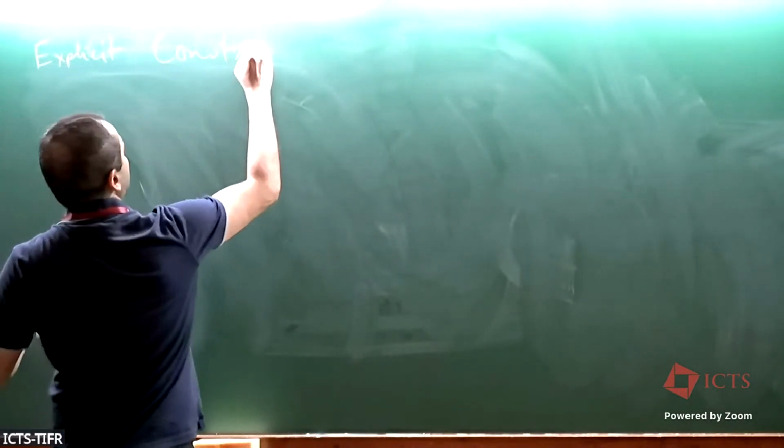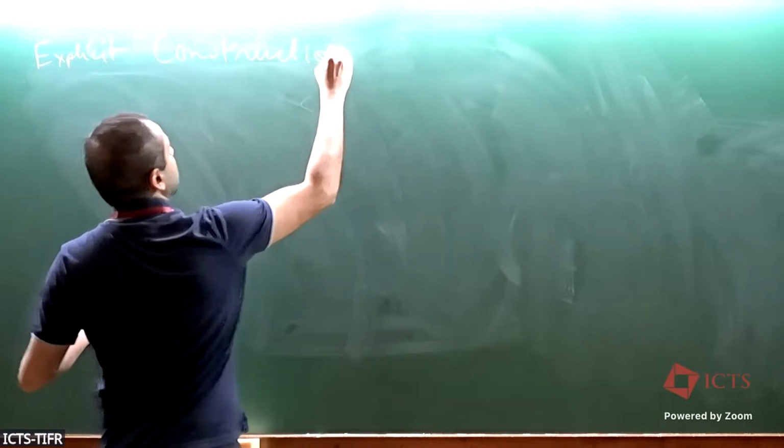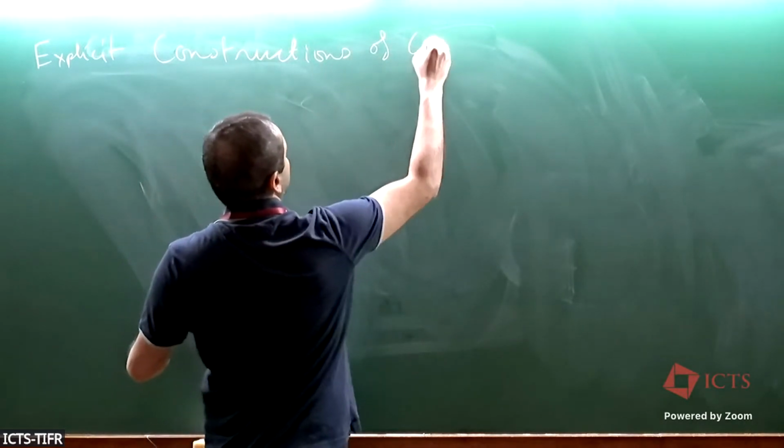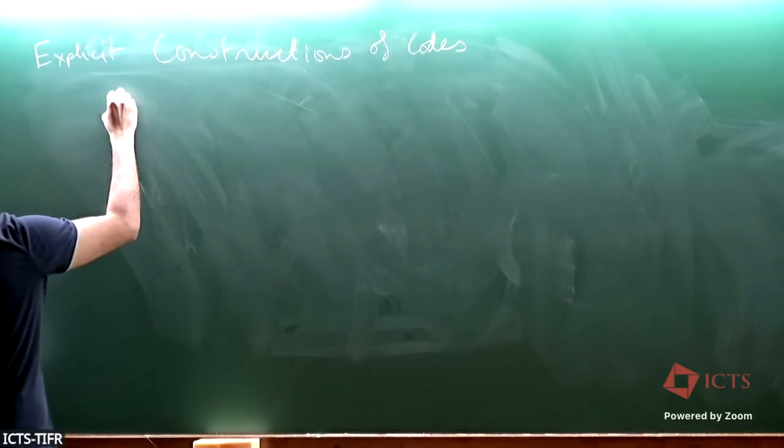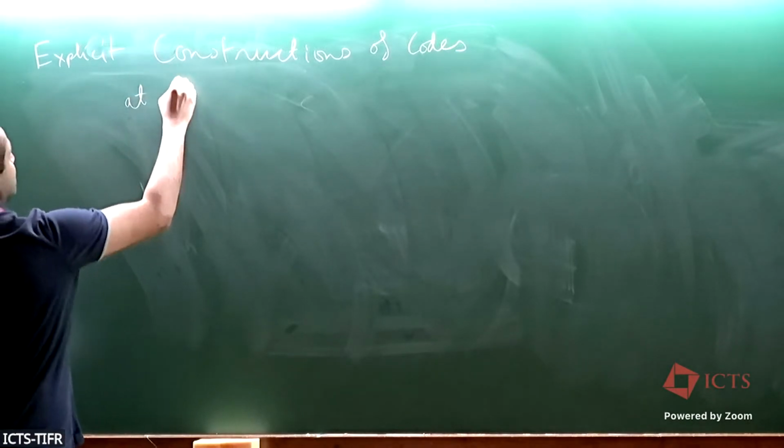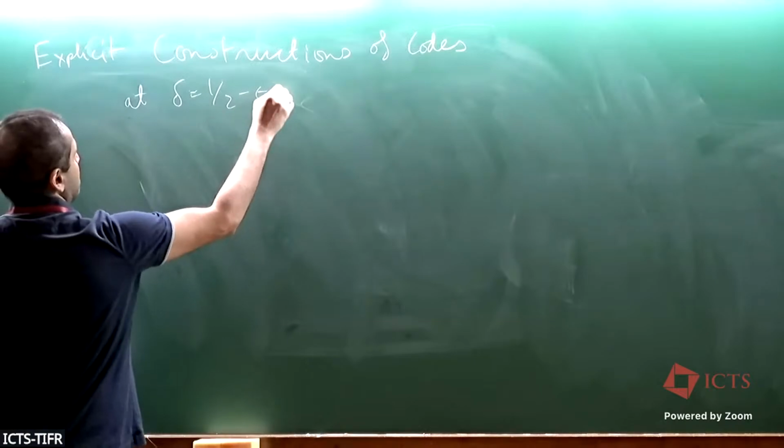Okay, so explicit constructions of codes at delta equals half minus epsilon.